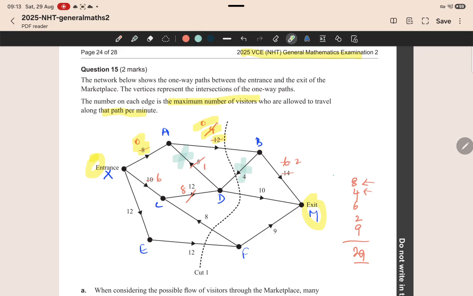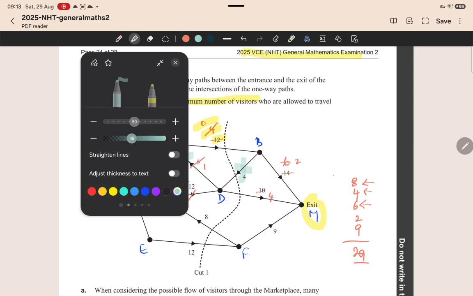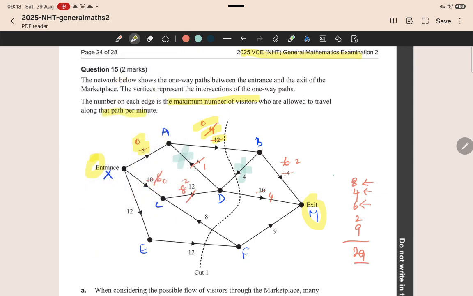We look at this path now, and the smallest value along that path is 6. So we take away 6 from 6. That leaves me with 2, and that leaves me with 4 here, and so we write 6. The path that's reached saturation here is this one.